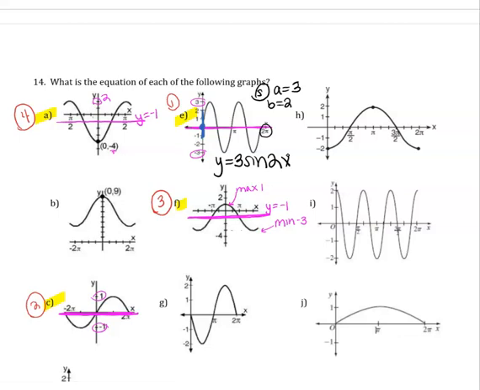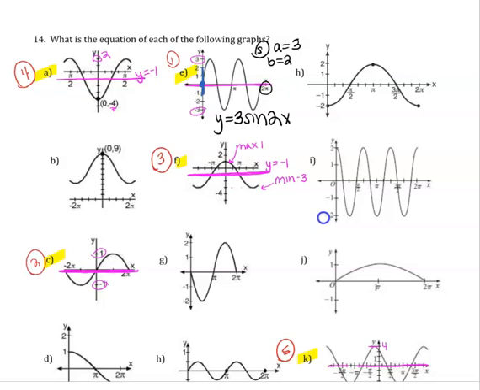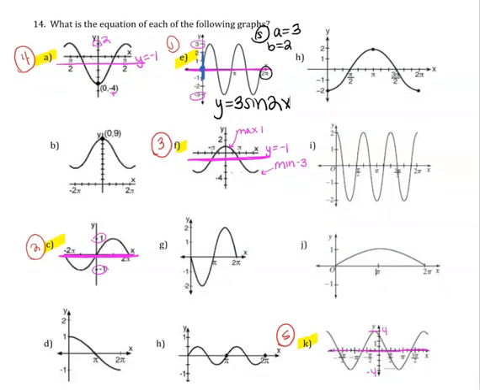All right, now the next one I want to do, down here at C, with respect to the y-axis, I'm starting on the midline. Notice how the y-axis is oriented in the middle of the page. So that's a little tricky there. I'm thinking this is a positive sine curve because it's going up first. Amplitude is 1.